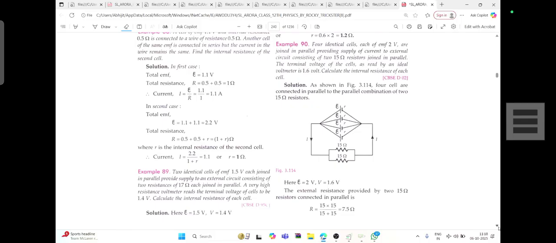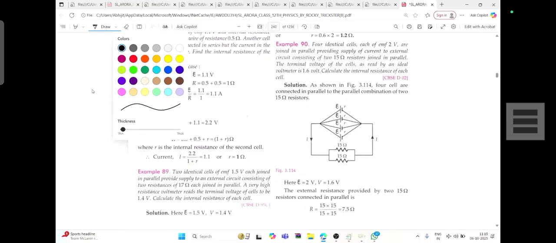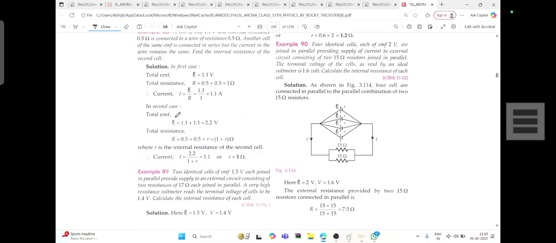One thing I need to discuss at first. If two resistances R1 and R2 are connected in series combination, then the equivalent resistance is always greater than the individual resistances.